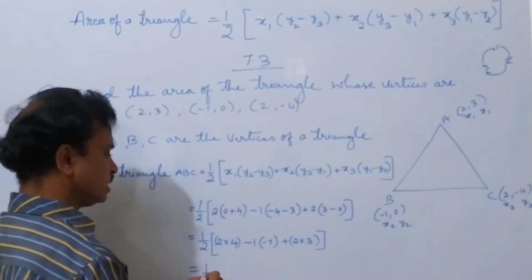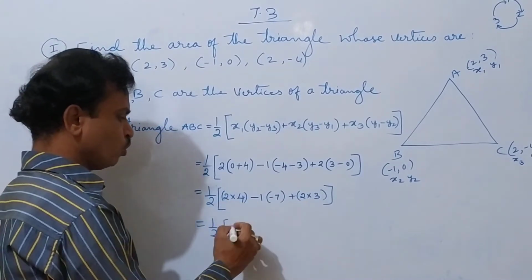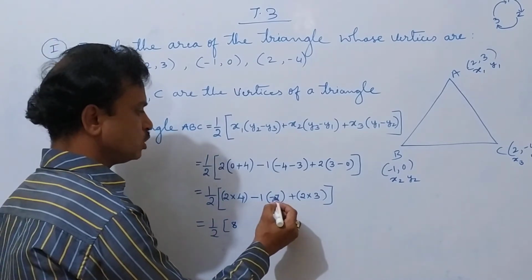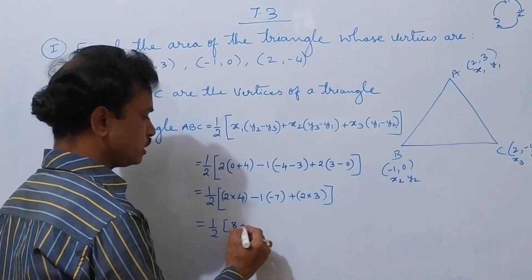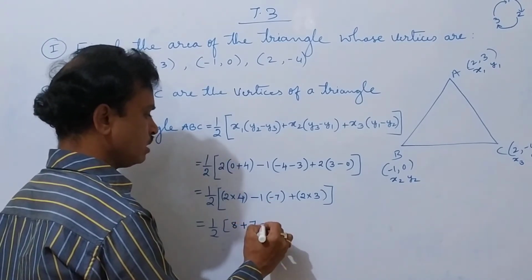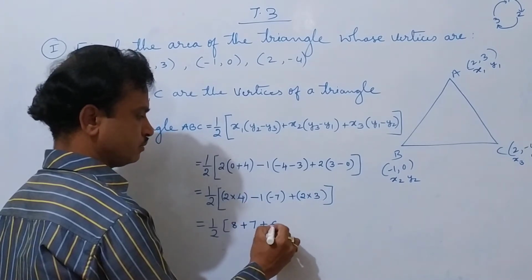Then 1 by 2 as it is. 2 4s are 8. Then minus into minus becomes plus, 1 into 7 is 7, plus 2 3s are 6.